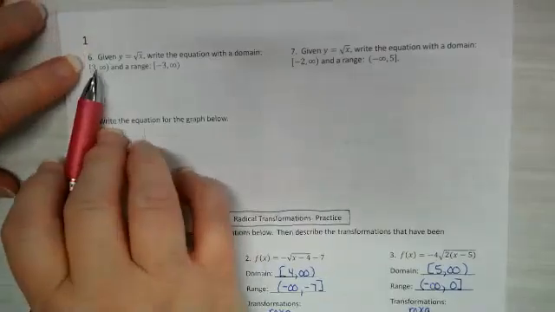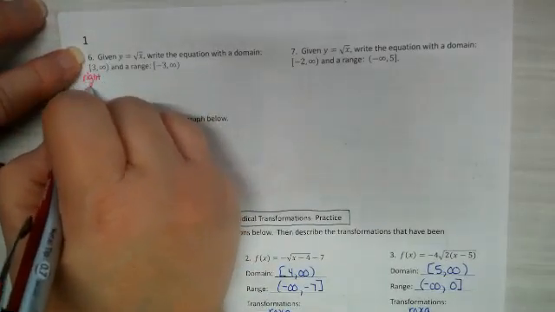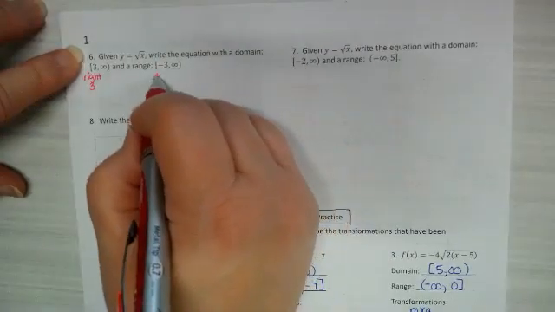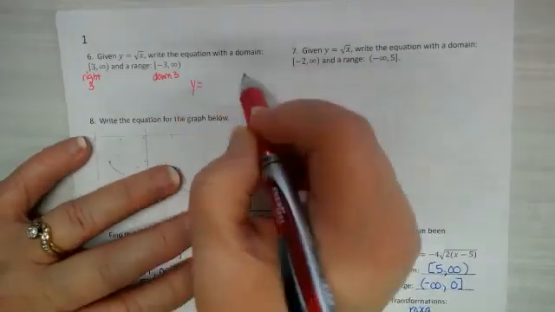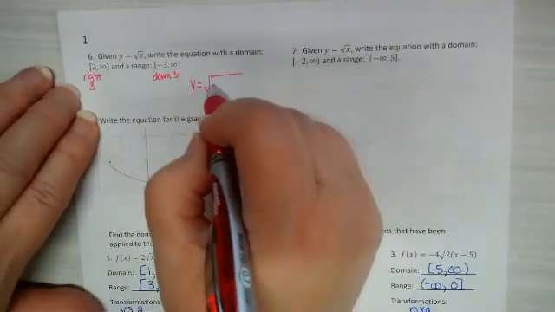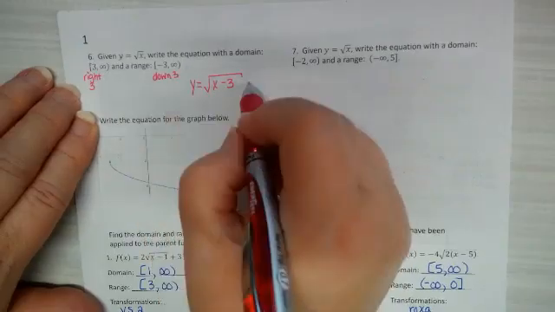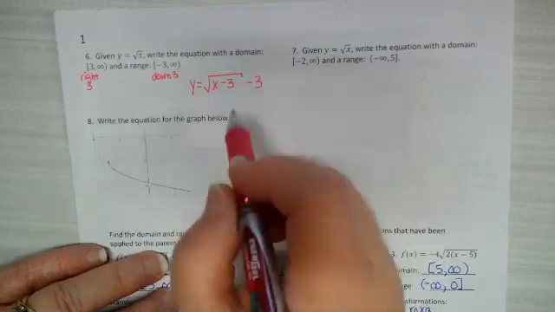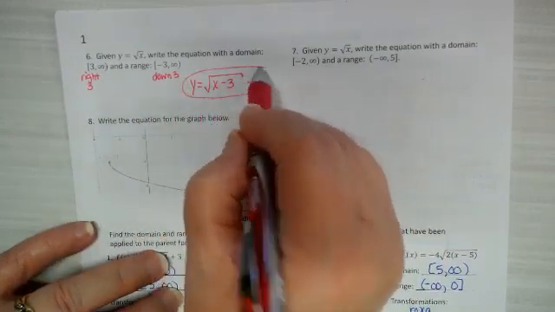So what this tells me for the domain is that it went right 3, and for my range, it went down 3. So let's see what that looks like in my graph. Square root of, if I go to the right 3, that should be x minus 3. And then down 3 would be a minus 3, but on the back, outside of the square root. Sometimes I put a little line down just to denote that the square root has ended.